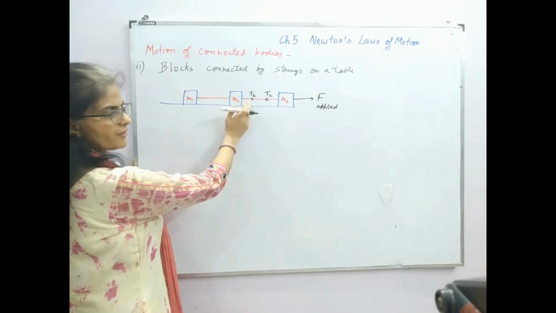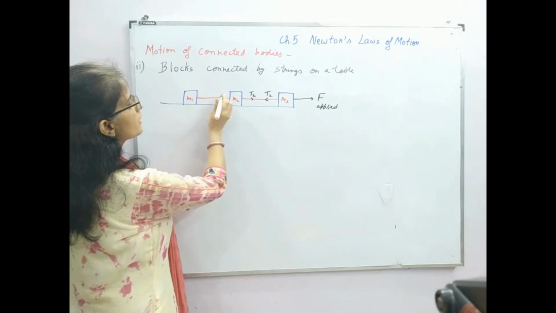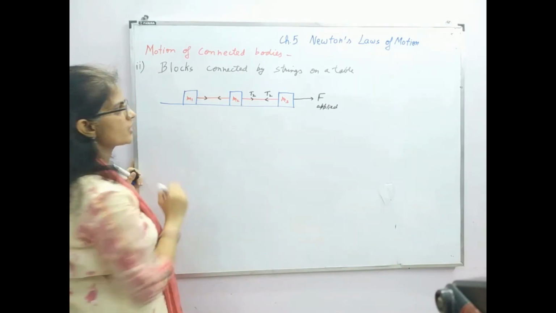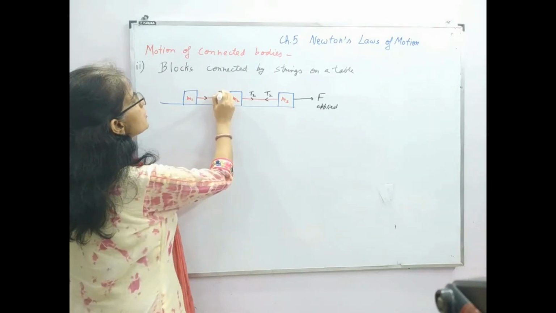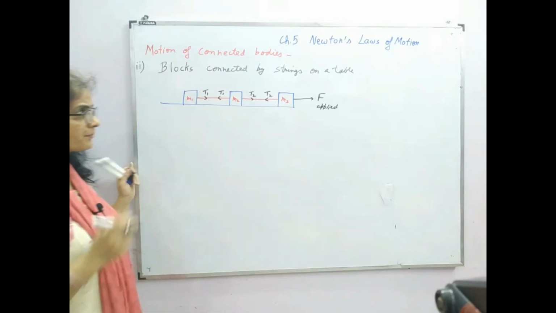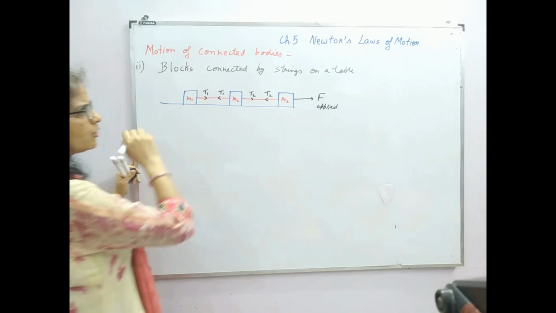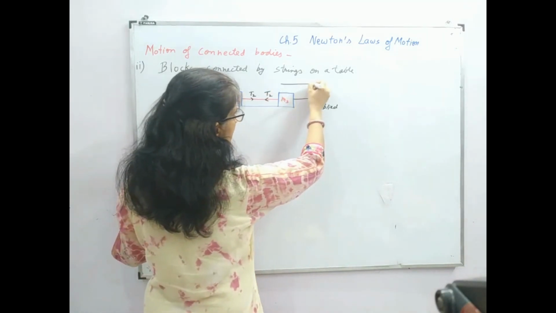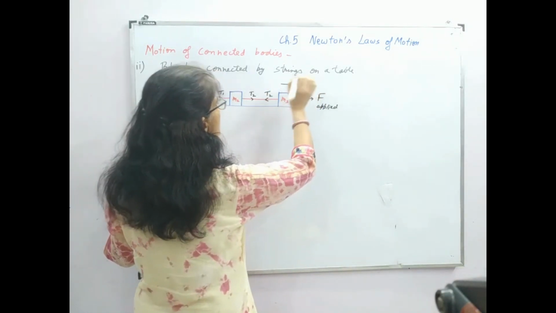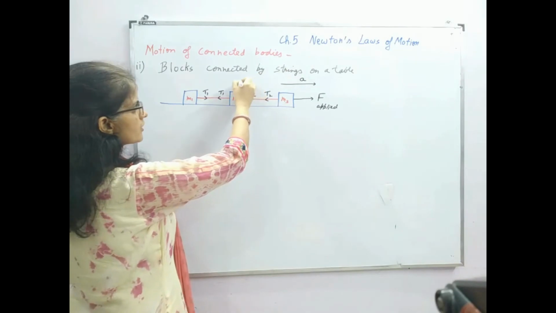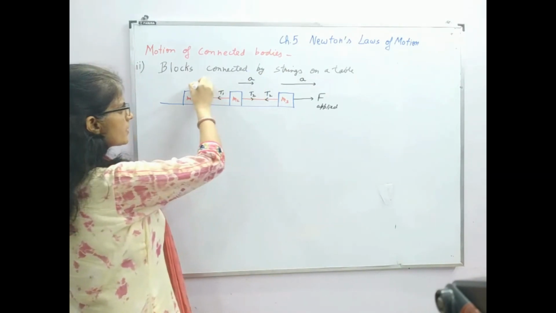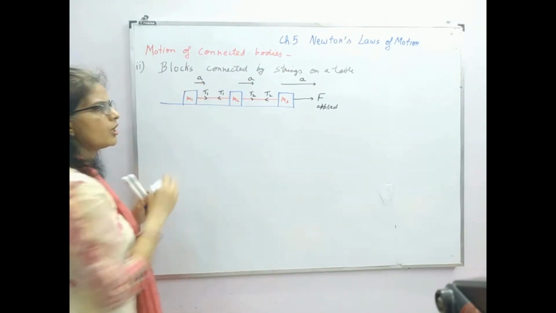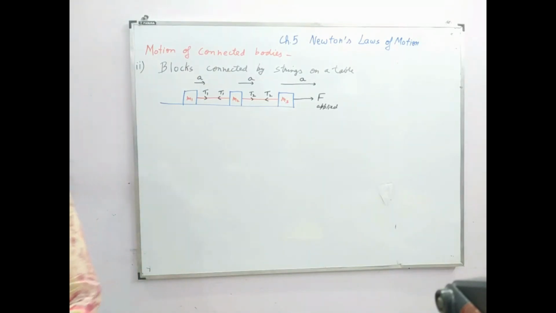This tension is marked away from this mass. Now here also tension away from the mass, here also tension away from the mass. This is T1, this is T1, right? And the whole system is moving this way. The whole system is connected. So whatever acceleration this force is providing, the same acceleration is applicable on every mass. I hope this is clear.